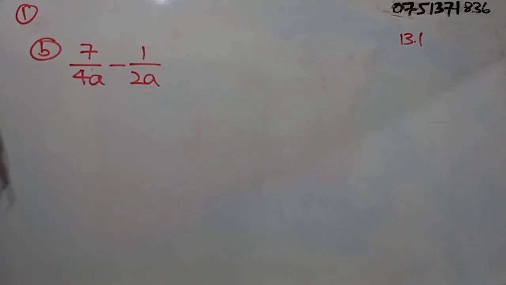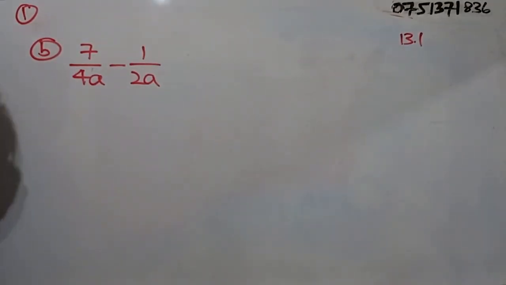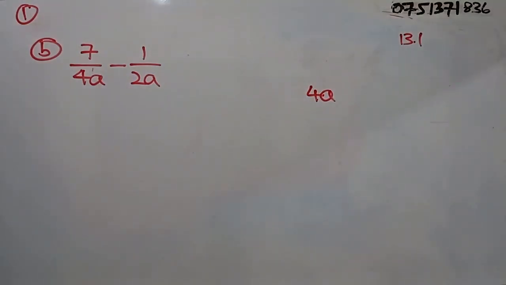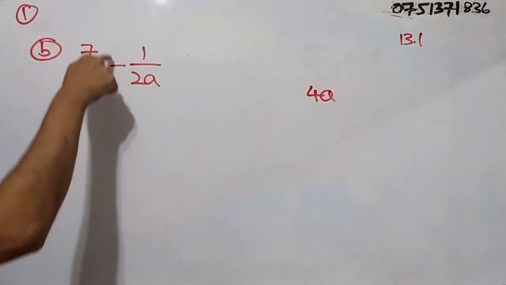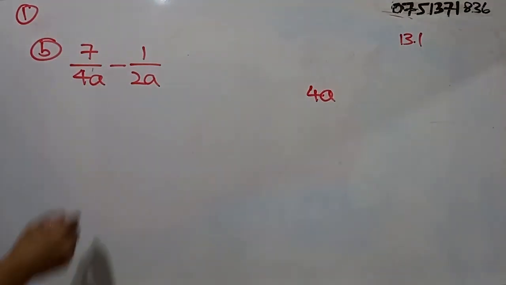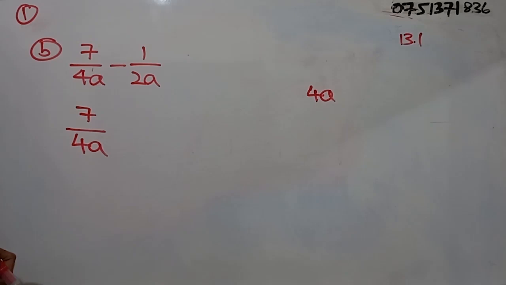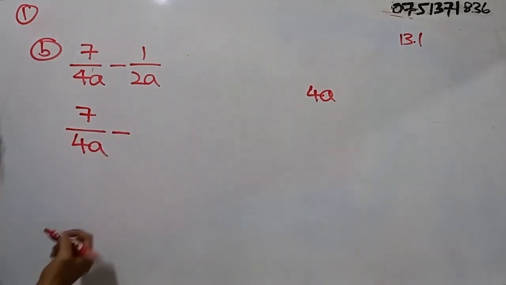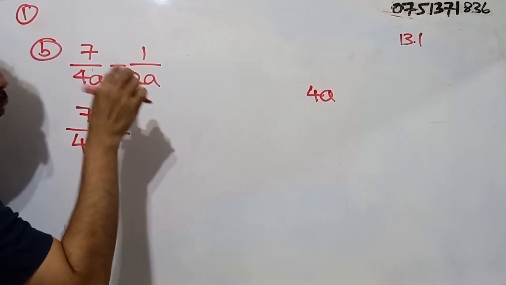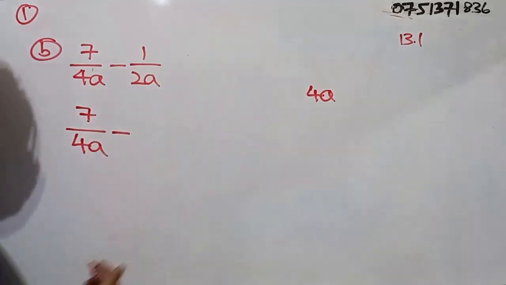Right. So the next question. So here, what should be the least common multiple? It should be 4a. Right? So considering the first algebraic fraction, we don't have to do any conversions, right? So we can simply write it as 7 by 4a. Minus, now the second algebraic fraction. What must we do to convert this 2a into a 4a?